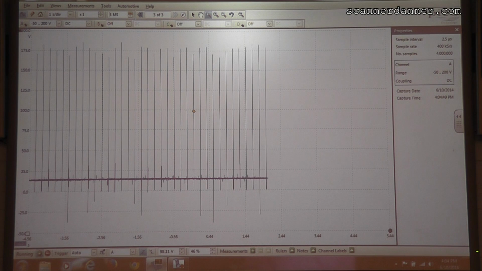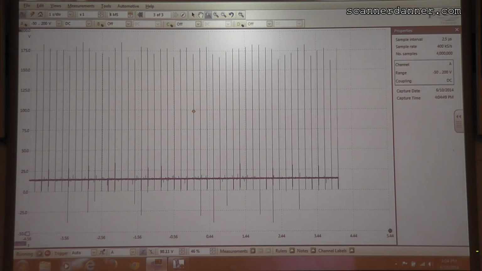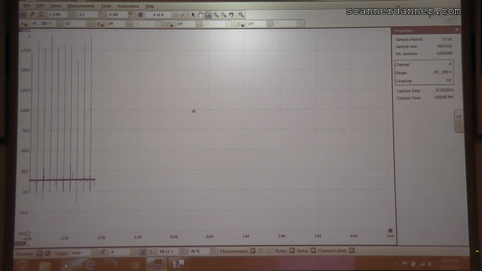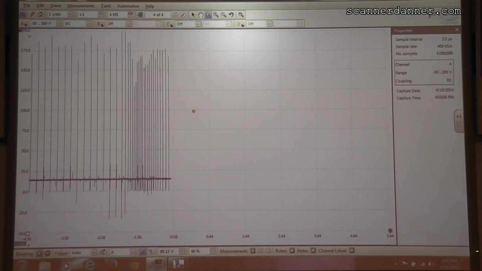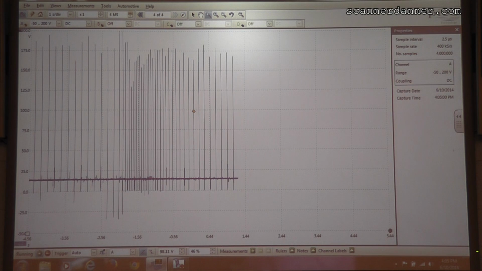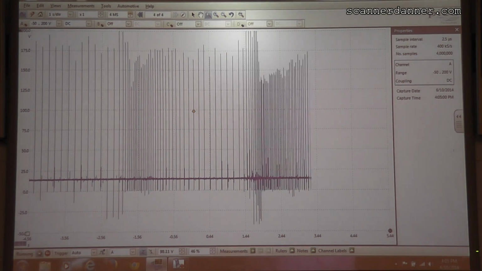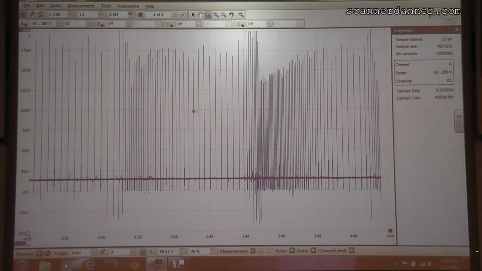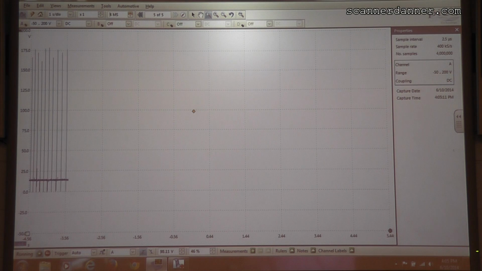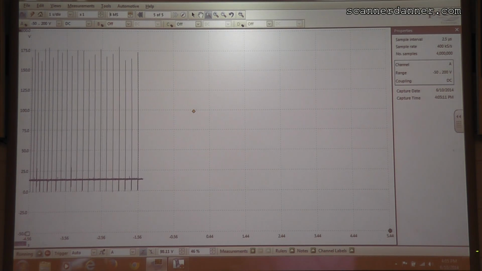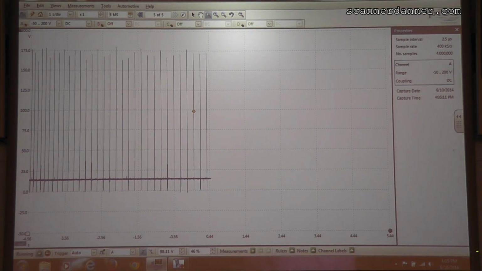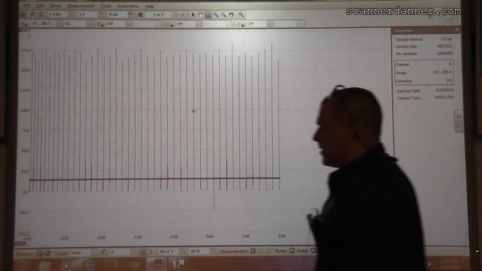This is a drive-by-wire system, so I won't be able to do as rapid of a snap as I like to do when I look at ignition, but all right, that'll be good enough to show what we want to show.